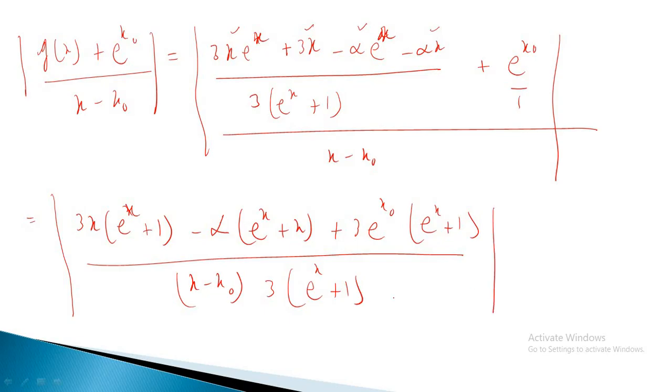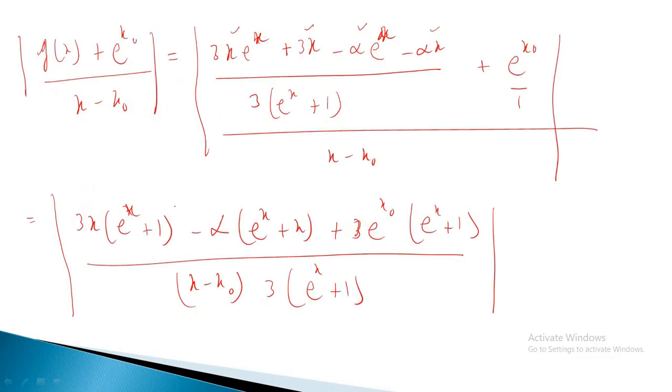If we see now the first and third term, 3 times e raised to x plus 1 is the highest common factor between the first and third term. Let us put it out. We'll get 3 times e raised to x plus 1 common, and in the first term we remain with x, while in the third term we remain with e raised to x naught.